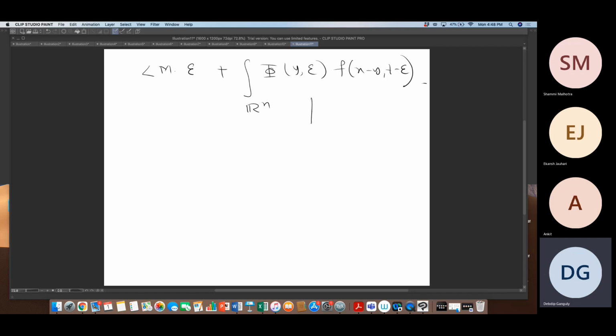Now this will converge to f of (x,t) as epsilon goes to 0. Why? How to do this? Shall I give it to you for exercise? Simple, very simple, like a convolution kind of thing. You just write down properly.